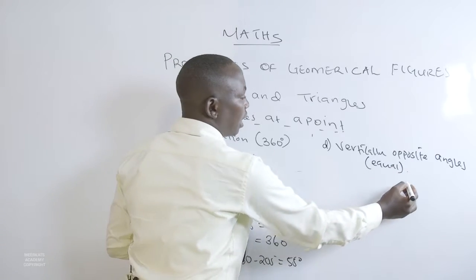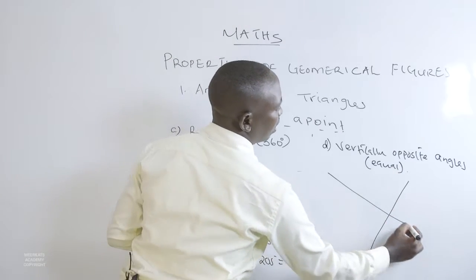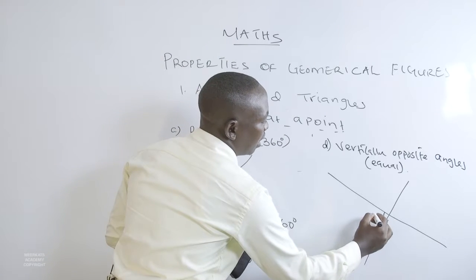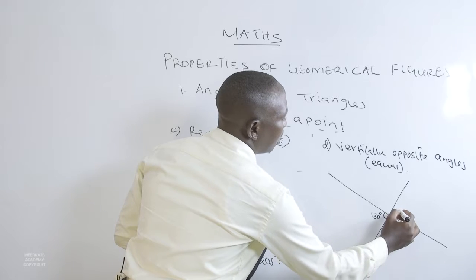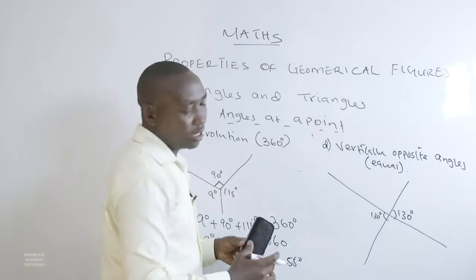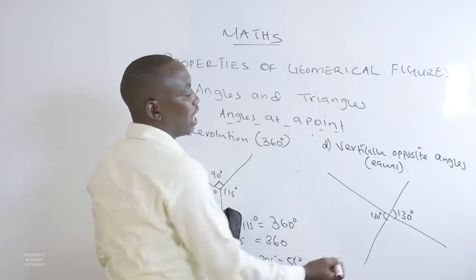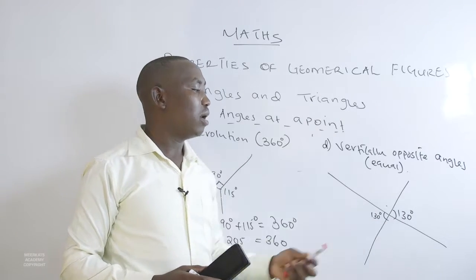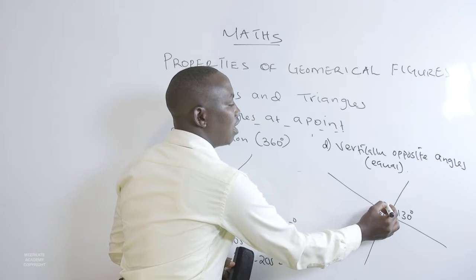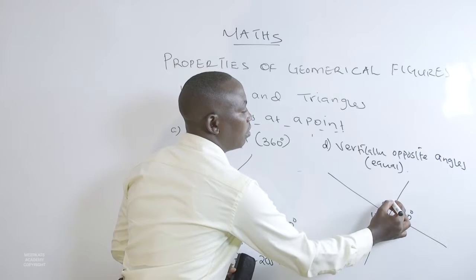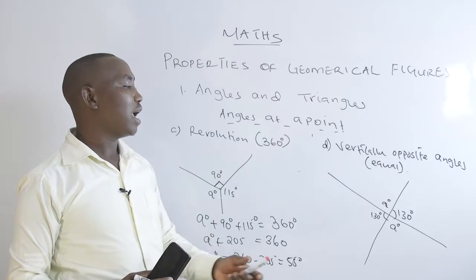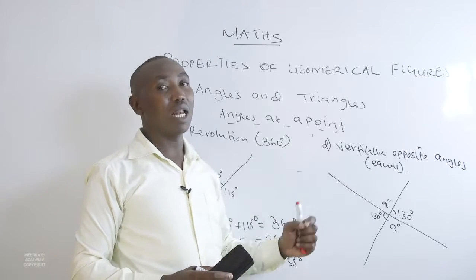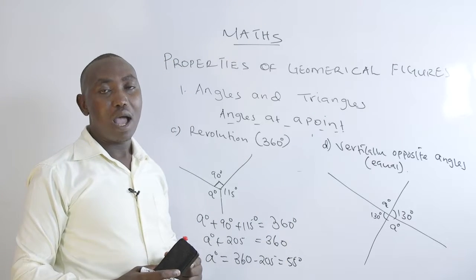So in case we have two lines like that, and we are told that this is 130 degrees and this is 130 degrees, then you can find the missing angle, since this particular angle A will also be equal to the angle on the other side, which is A. We refer to them as vertically opposite angles.